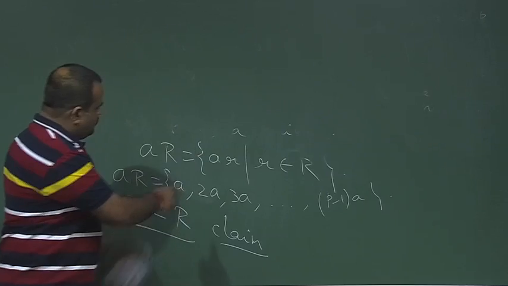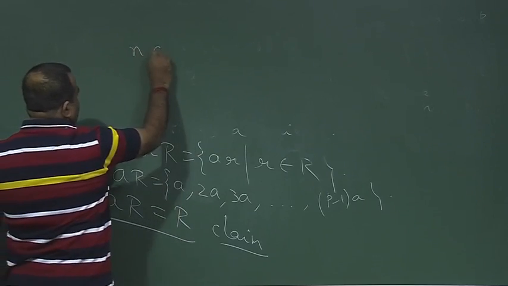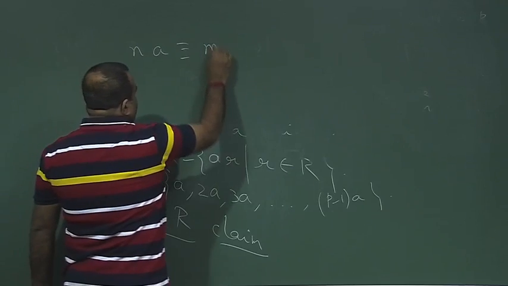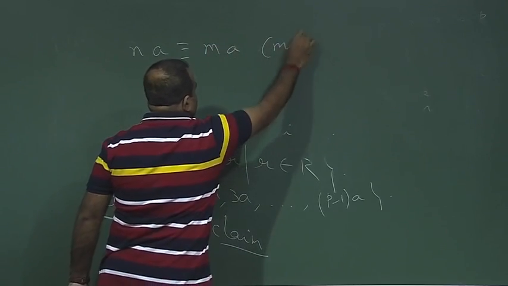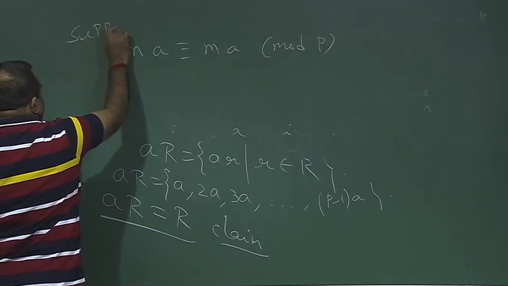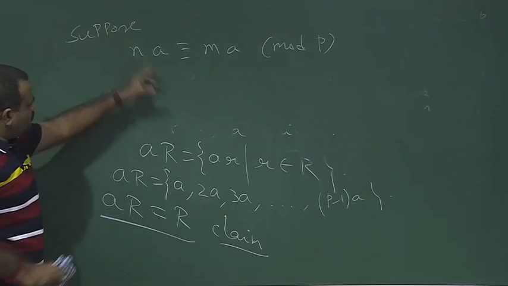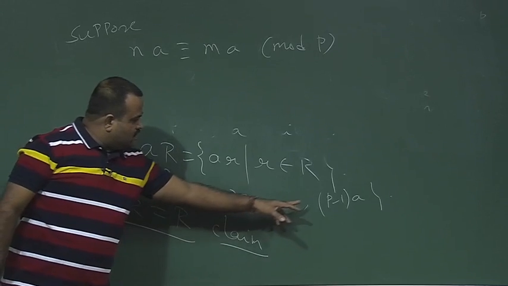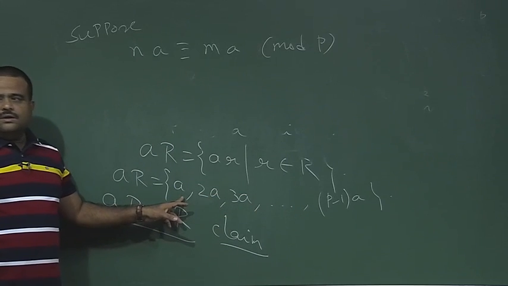Okay, if you take any two elements from here, say N A, and assume it is congruent to M A mod P, suppose. So, N A or M A we are taking from here. Our claim is that no two elements from this set are congruent.